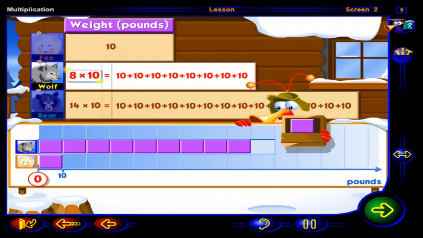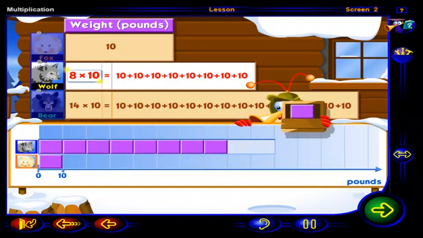That's too many bars. Try again. That's right. 8 bars show the weight of the wolf.